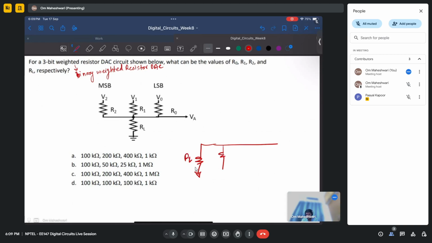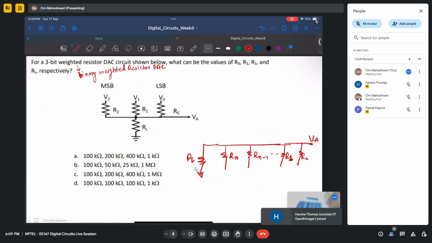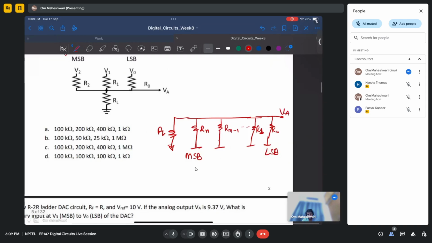This is, let's say, Rn, Rn minus 1, R2, R1, R0. Typically, this is MSB and this is LSB.